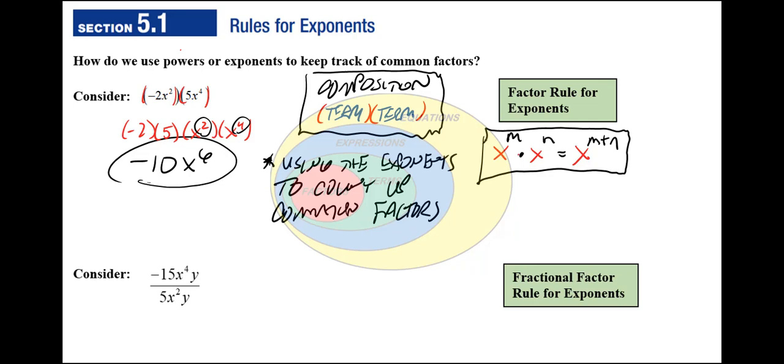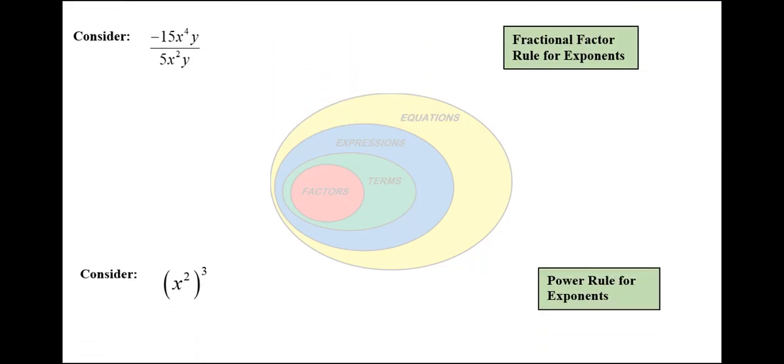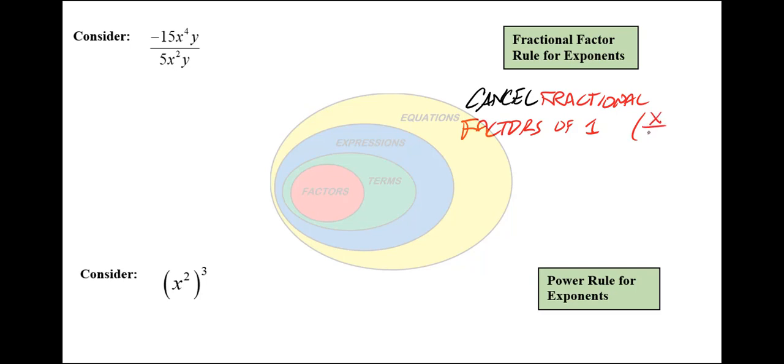So the next property we use with quotients, we use with factors, and the idea was that we cancel fractional factors of 1, and basically that's like x over x equals 1.